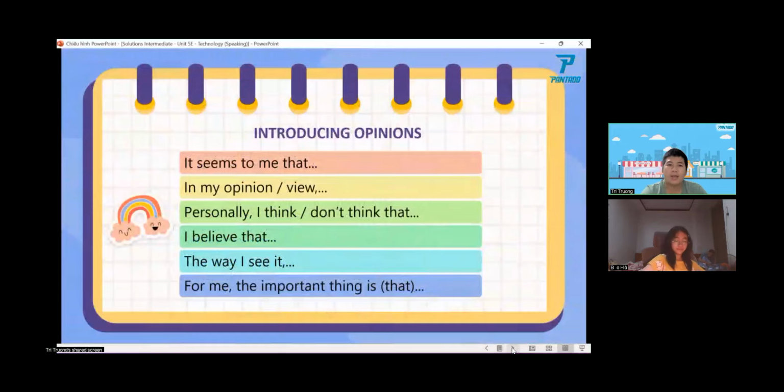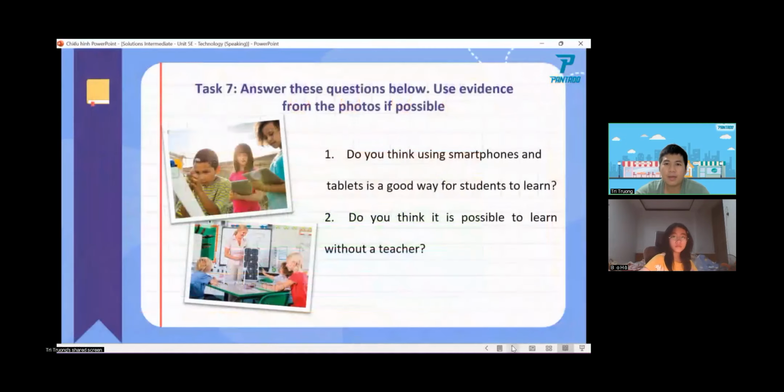Or the second one, in my opinion, I think the students in the second picture are more happy with the lesson. Personally, I believe that, the way I see, and you can figure out your personal view. Like for me, the important thing is that, and you state your statement.